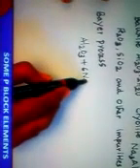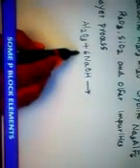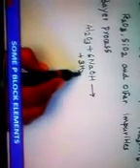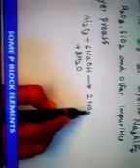So in this process, initially the bauxite is treated with sodium hydroxide to eliminate silica as sodium silicate and form sodium aluminate.